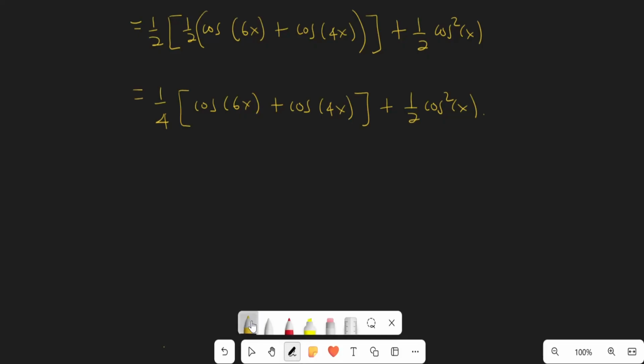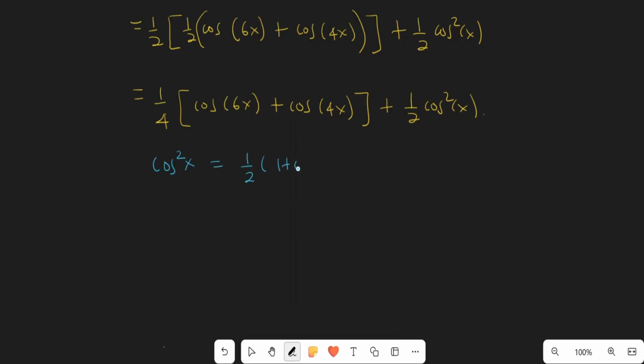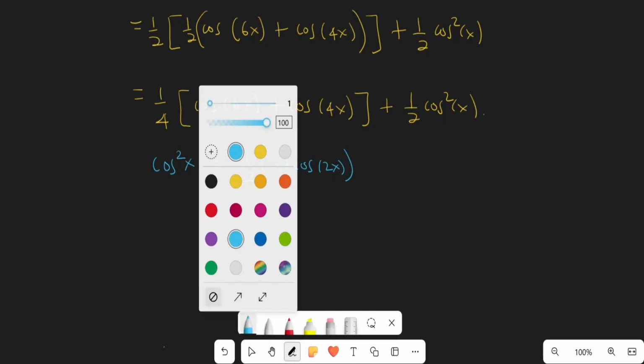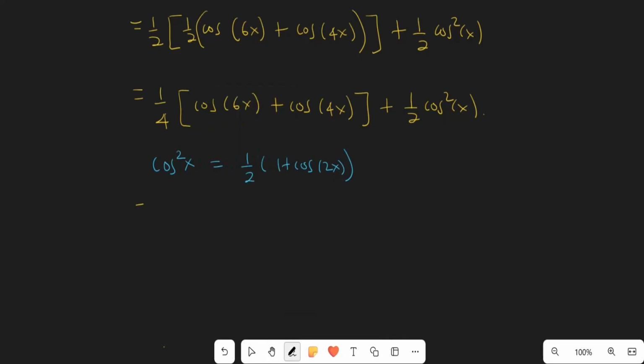But we know that cosine square x is the same as 1/2 times 1 plus cosine of 2x. So we can plug that into our integrand. That is going to be 1/4 cosine of 6x plus 1/4 cosine of 4x plus 1/2 times 1/2 times 1 plus cosine of 2x.